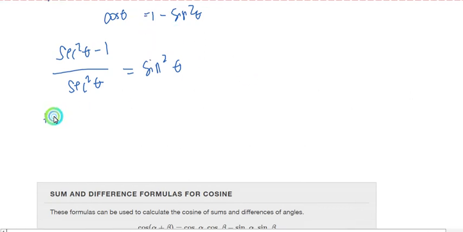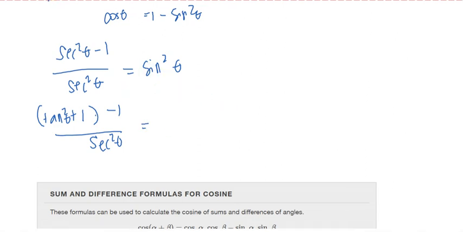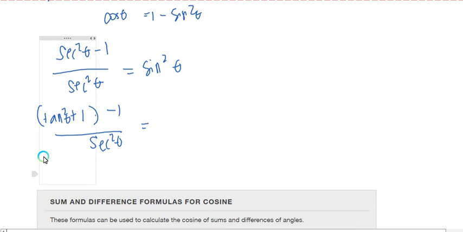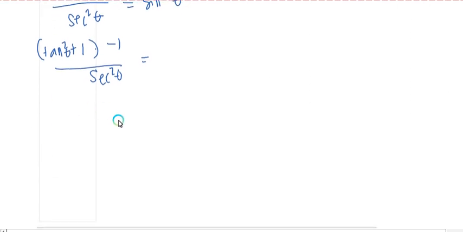So this is tangent squared theta plus 1, then minus 1 all over secant squared theta is equal to, this should later be our answer. Okay. So the 1 and the minus 1 will cancel. So what is left on top is tangent squared theta, all over secant squared theta.